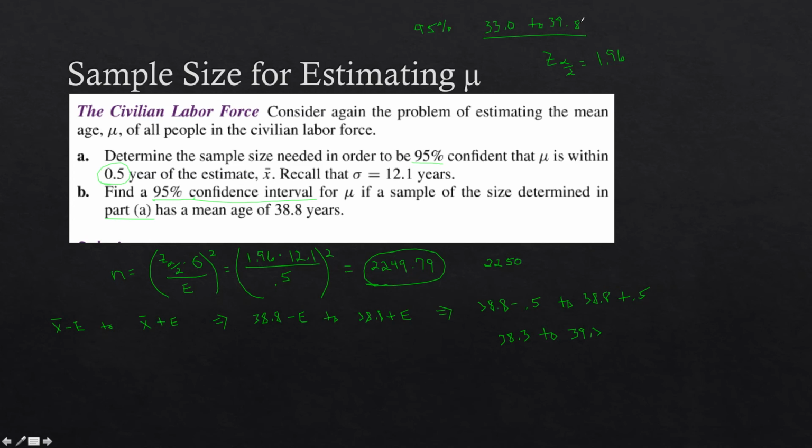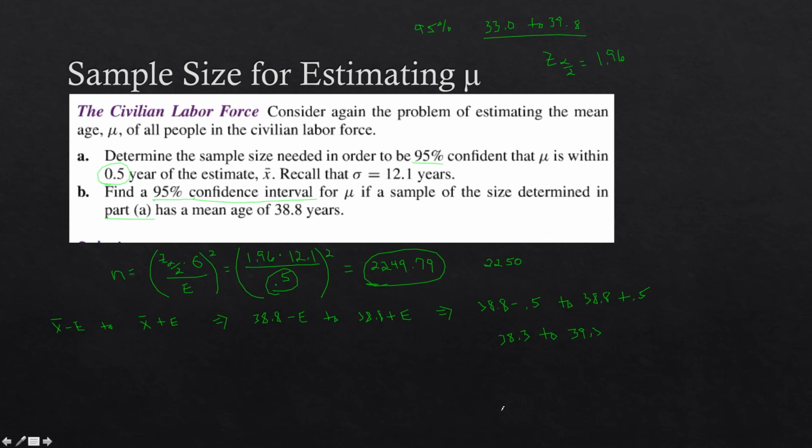Well, if we want to keep the confidence level the same, but we want to increase our precision, we need to increase the sample size. And that's what we did in part A. We increased the sample size, we decreased the error by doing that, because remember, our error was 3.4.